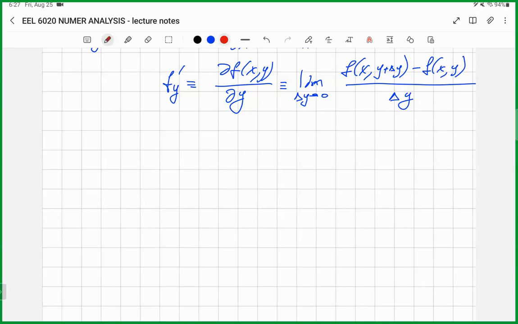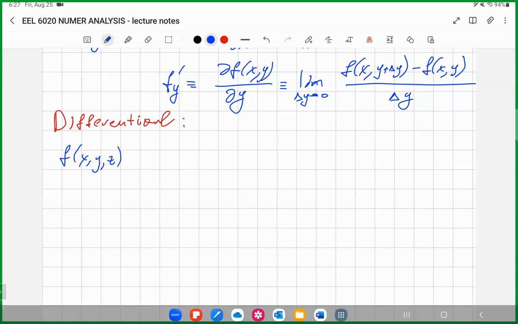In that case, I bring in the concept of the differential. Let me consider a function of three arguments, x, y, z.